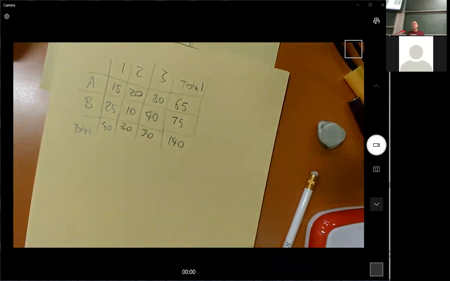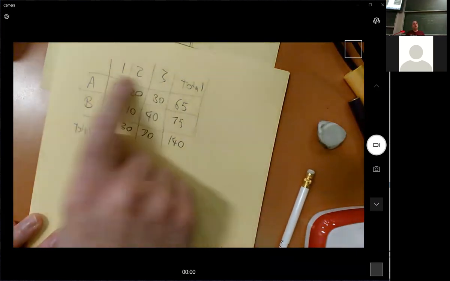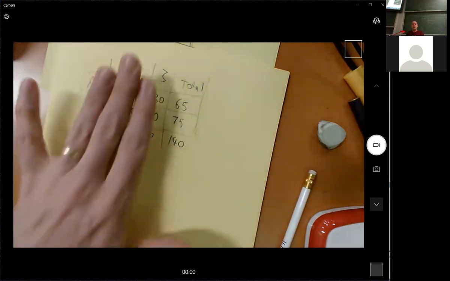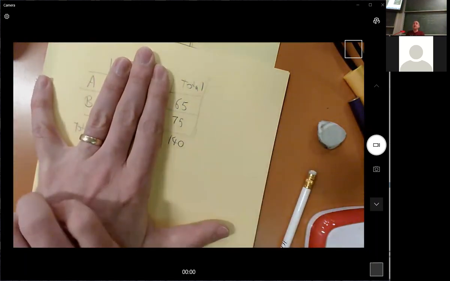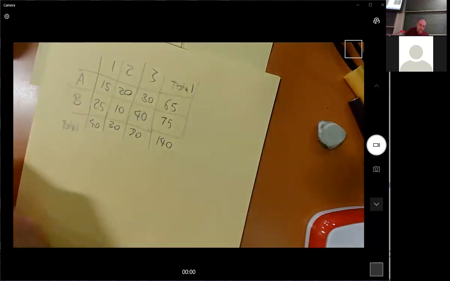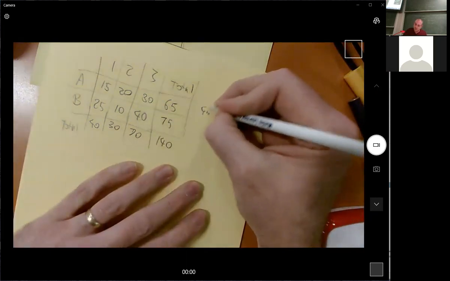Okay. So if which 1, 2, 3 you're in didn't make a difference to which of A or B you ended up in, then they should all be 65 out of 140, that percentage. That's like 46%.